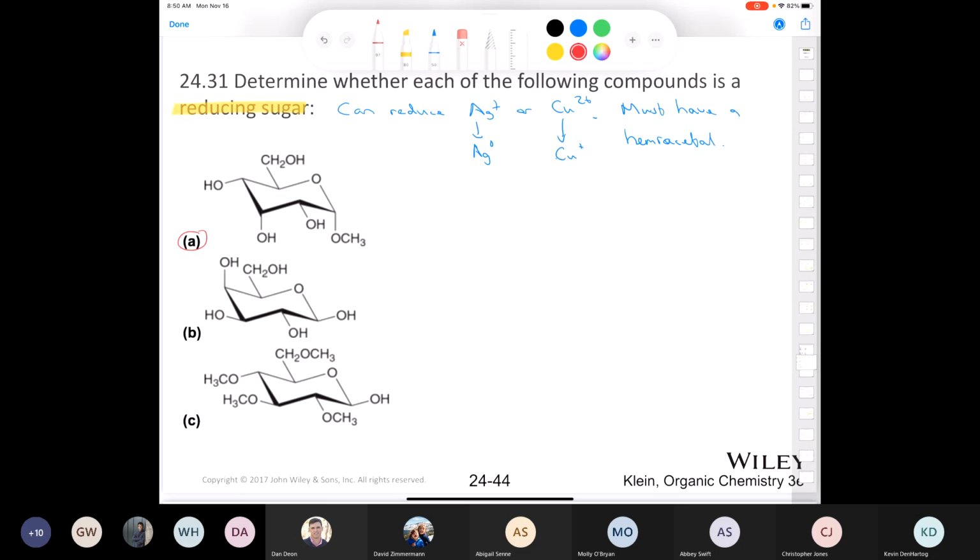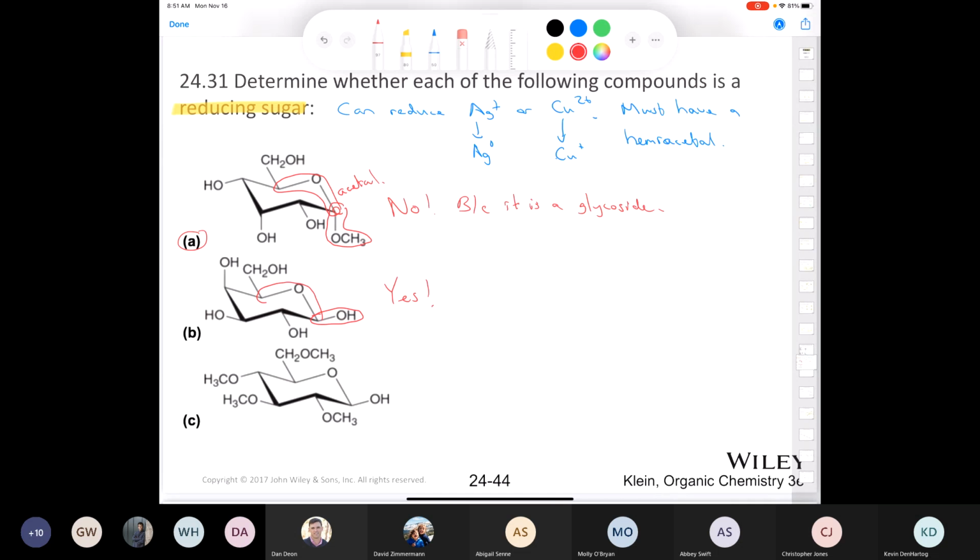No, I'm going to say no, right? Because it is a glycoside, right? The anomeric carbon has an ether here, and it has another ether here. So this is an acetal. It's not a hemiacetal. So no, the answer to the next one is yes, because we have a hemiacetal.